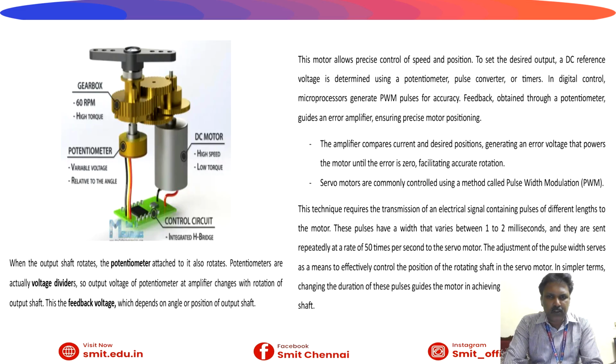This motor allows precise control of speed and position. To set the desired output, a DC reference voltage is determined using a potentiometer, pulse converter or timers. In digital control, a microprocessor generates PWM pulses for accuracy.